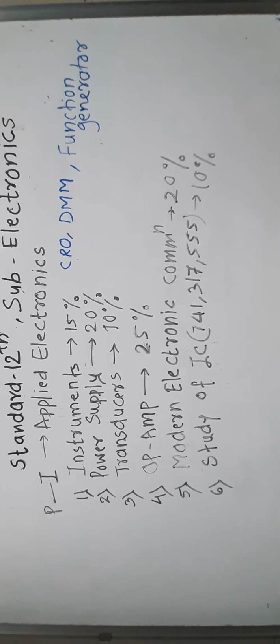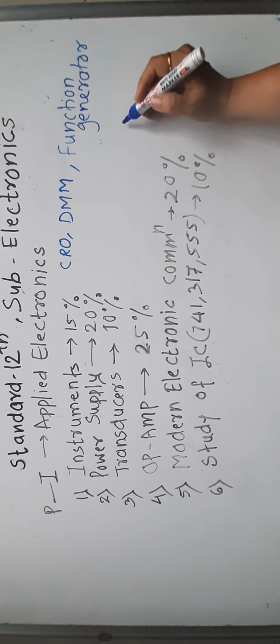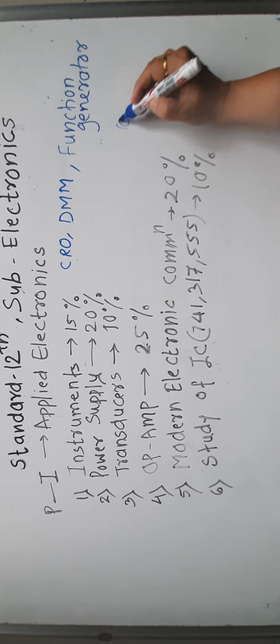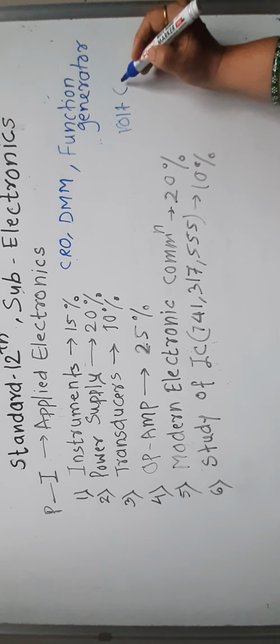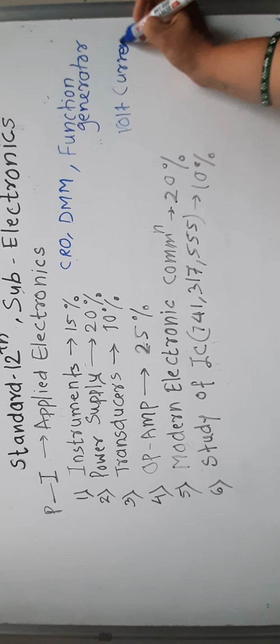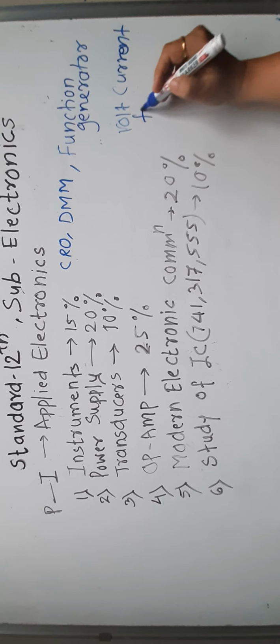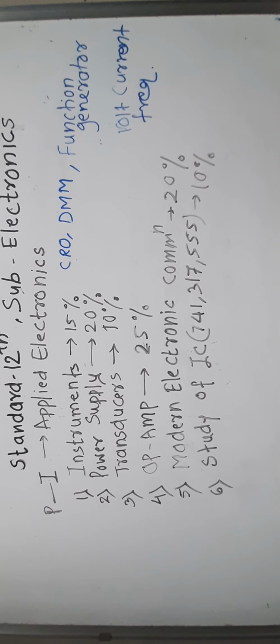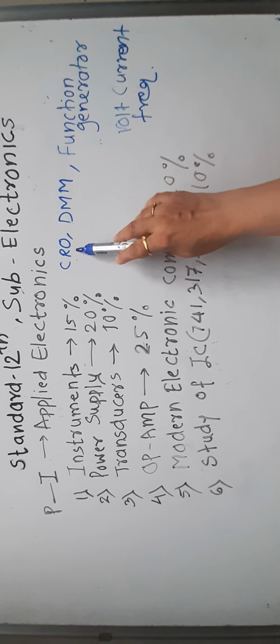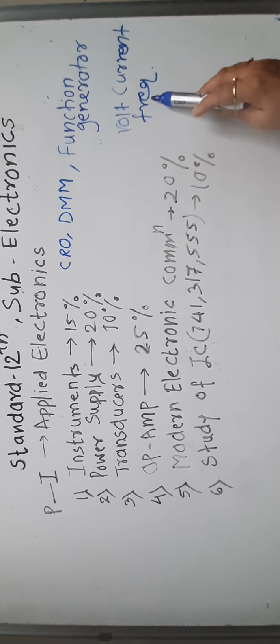CRO is used to display any form of waveform, means waveform of voltage, current, or any frequency. If we want to observe any frequency on CRO, then we have to apply that frequency to CRO. Such frequency is generated by using a function generator.